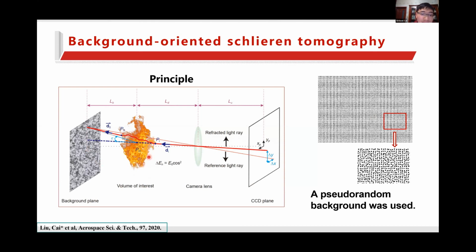So that will refract the light toward different places. So by comparing the displacement of all these dots, we can combine it with tomography to reconstruct the distribution of the gradient of refractive index.